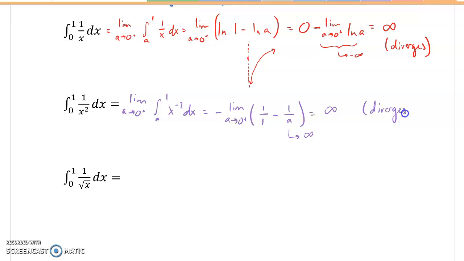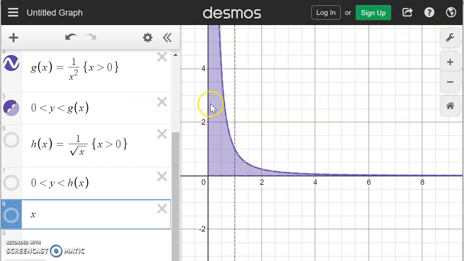And you might actually notice that these guys are inverses of each other. The inverse of 1 over x squared is 1 over the square root of x. So it shouldn't be surprising if you think about it that this region right here approaches the asymptote exactly as quickly as this one approaches the horizontal asymptote.